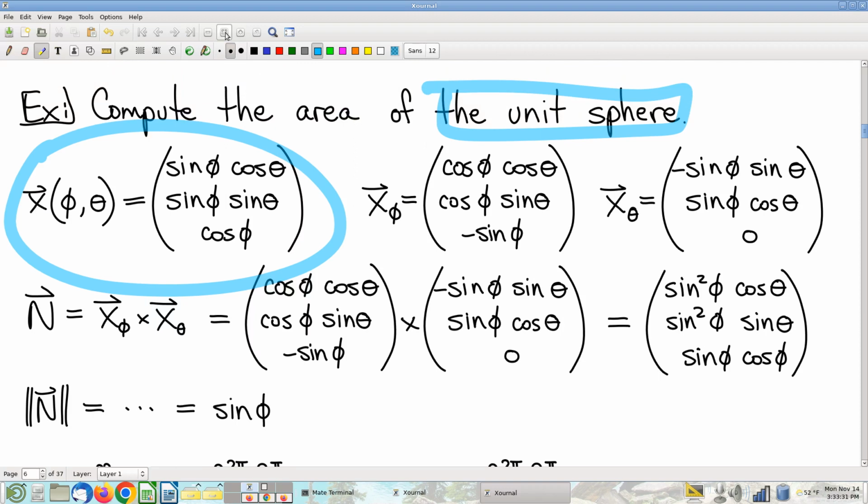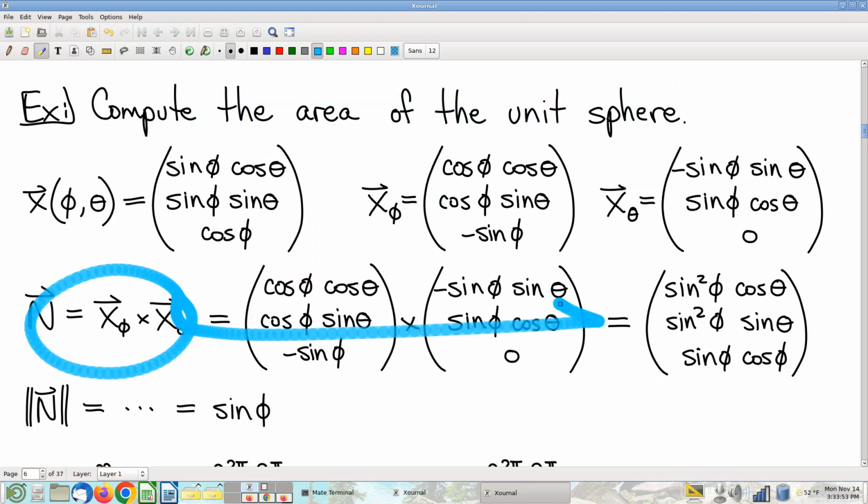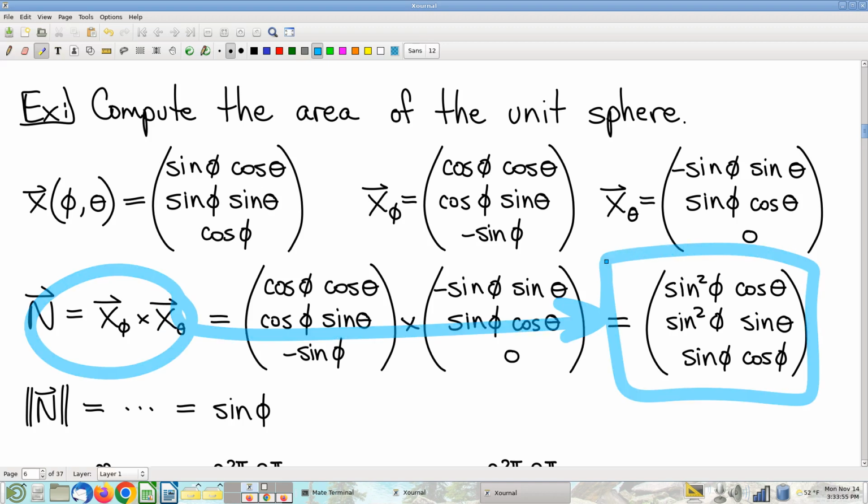You just plug rho equals 1 into the spherical coordinate conversion formulas. So spherical graph parameterization, neat trick. And then, as we just noted, partials, and then the cross product, which is some algebra to be done. You end up with this.